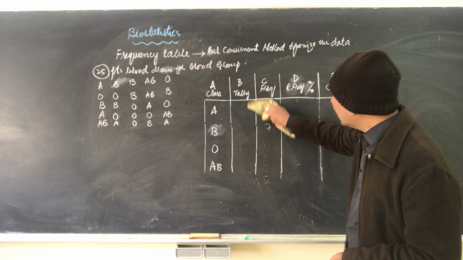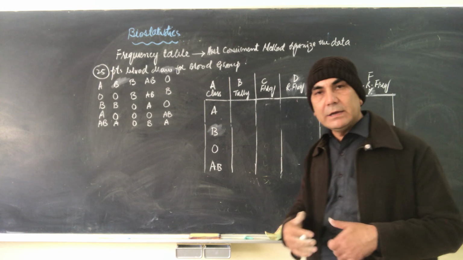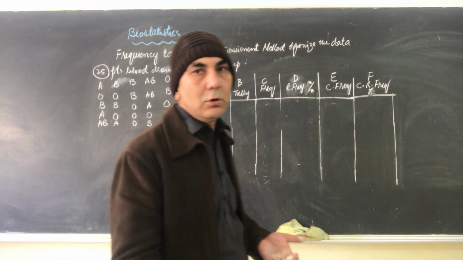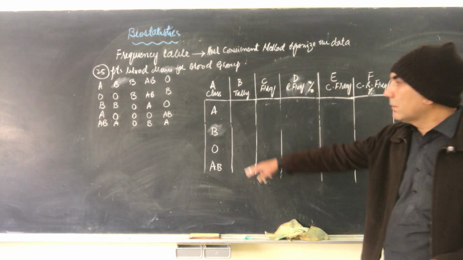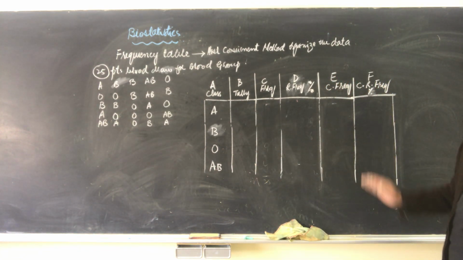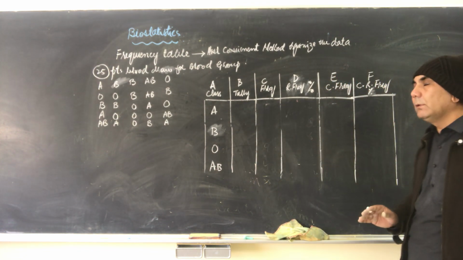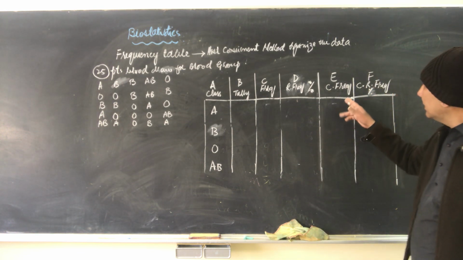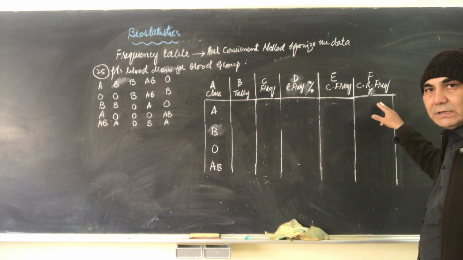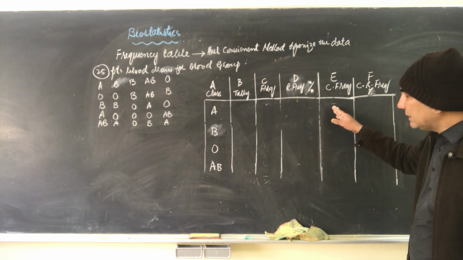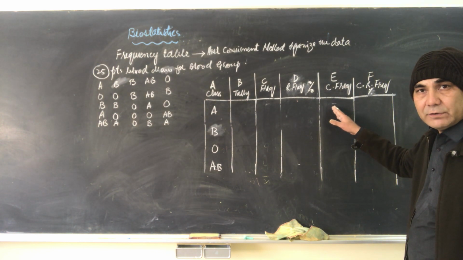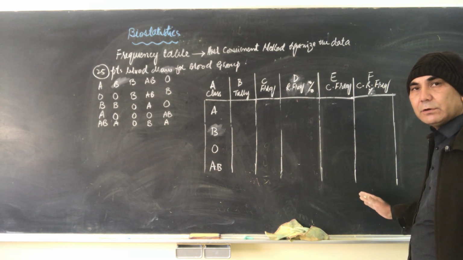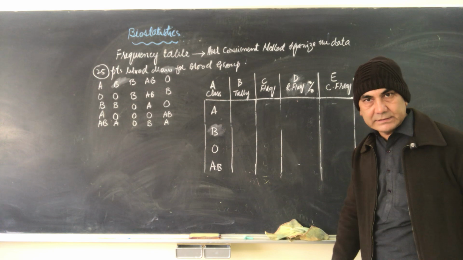So in the cumulative frequency, we include the data from above and below that particular frequency. Now the last column is the cumulative relative frequency, where we come up with the proportion of the cumulative frequency for each data set.